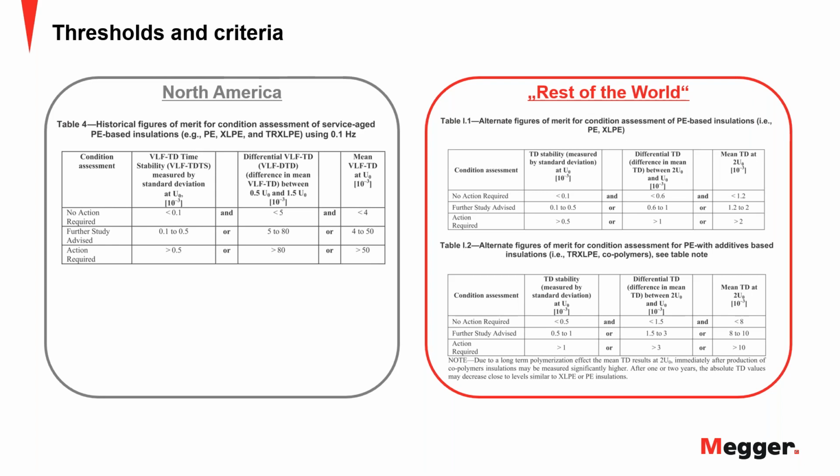I might add, in IEEE 400.2, there is a section about copolymer cables, or what they call filled cables, which in essence, many times are also referred to as EPR cables. And there is a section about tan delta measurement in there, and you will see, opposite to the list for XLPE cables, tan delta values which is really a standard for the EPR cables.